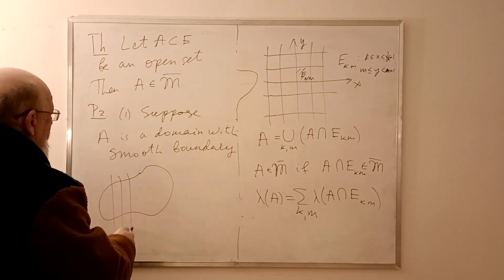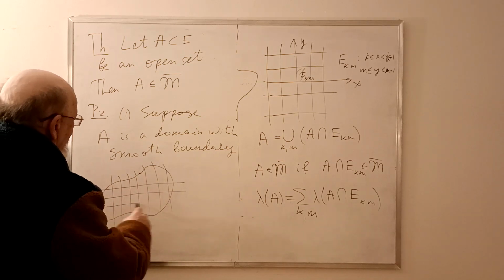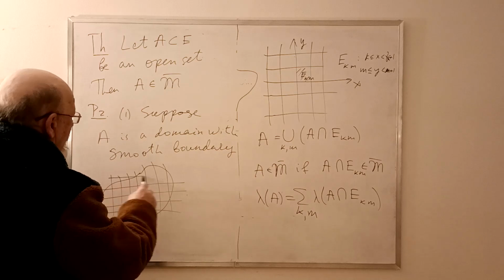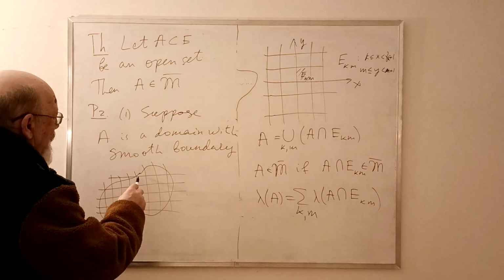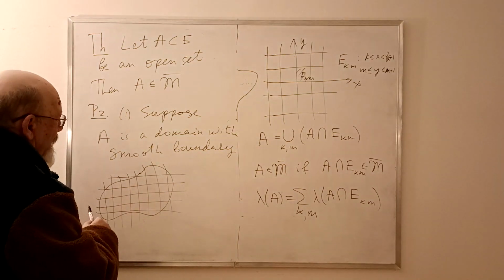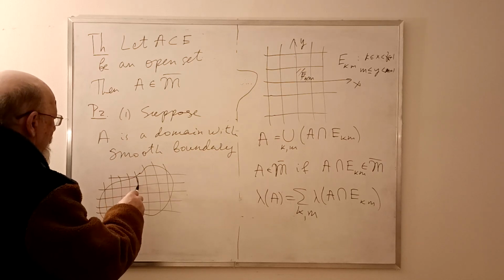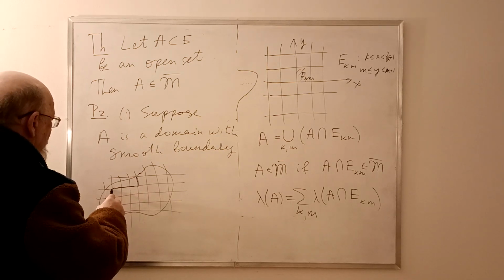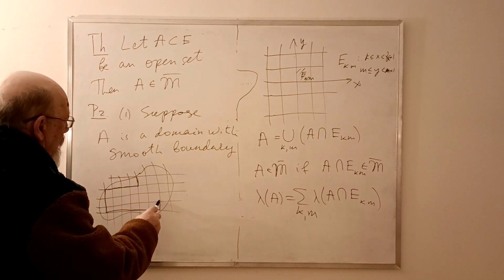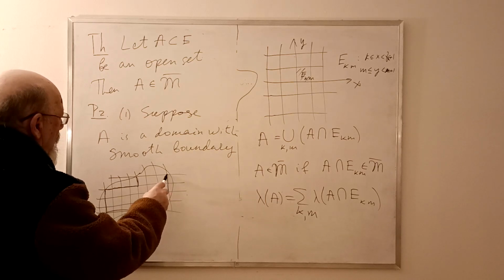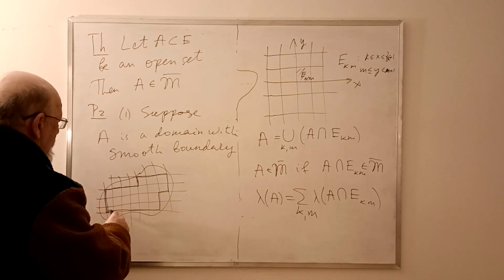So what do we do with this domain with smooth boundary? We divide it into small squares like this, and take the squares which are entirely inside this domain. Let me sketch this part of the domain.